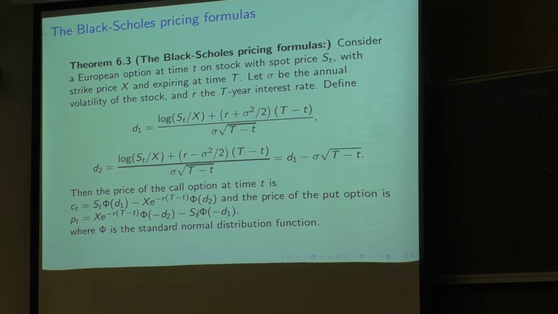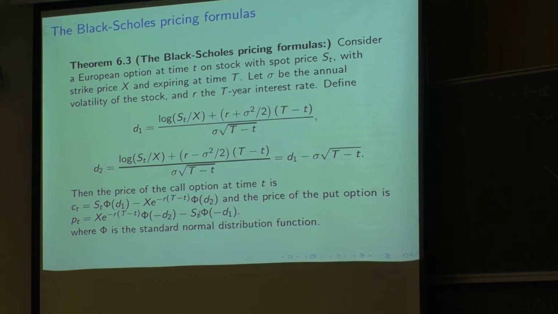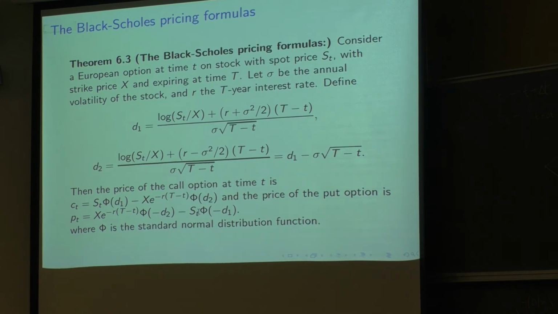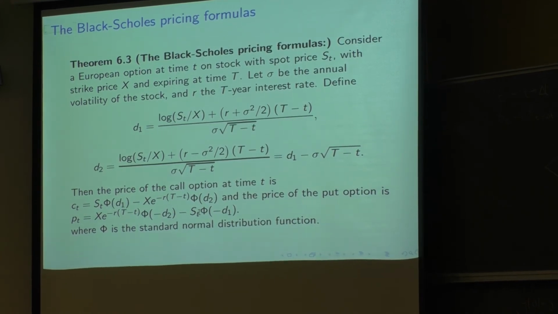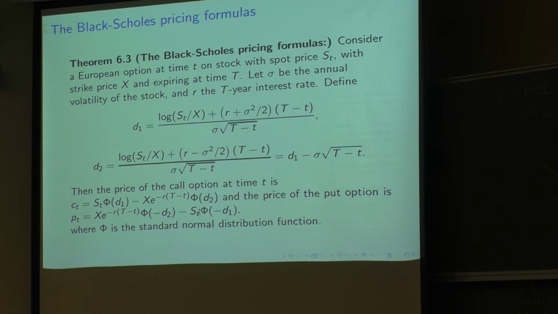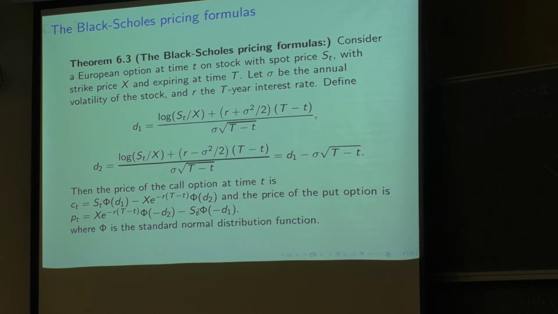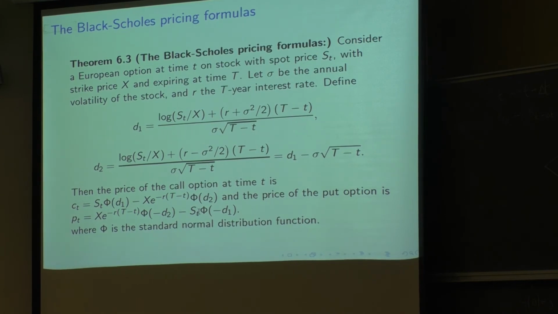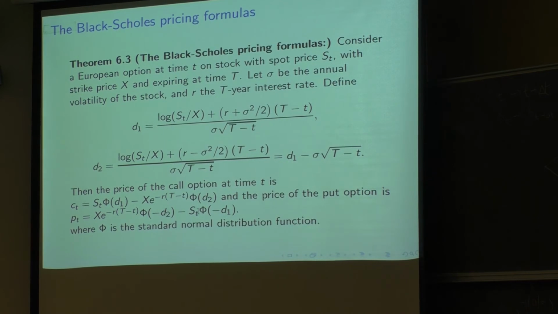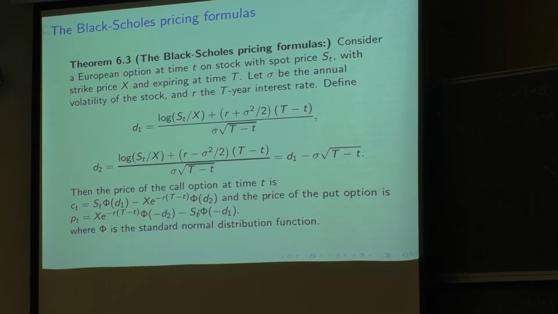What happens when you substitute little t equal to big T? Are you going to get that C of s and capital T is equal to the payoff? And if you do, then you have a solution of the Black-Scholes partial differential equation which satisfies the same boundary conditions as the prices of call options.